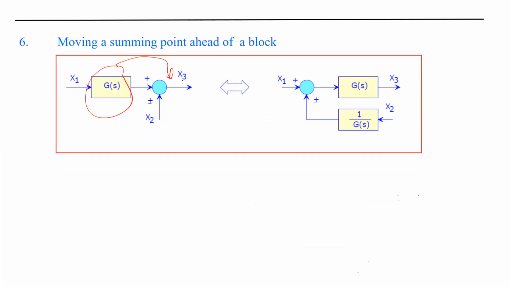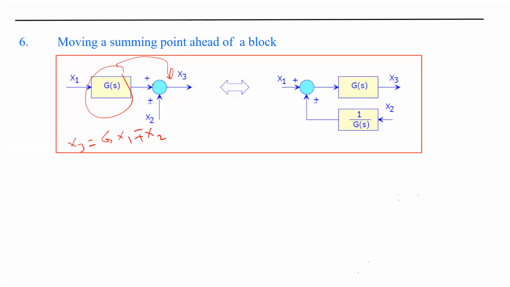So x3 in here is equal to what? x1 multiplied by g. So g times x1 plus or minus x2. Okay, so x2 feeds x3.